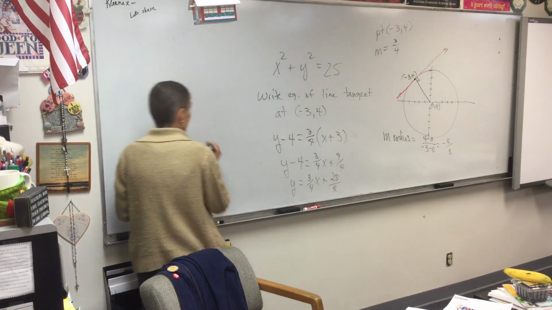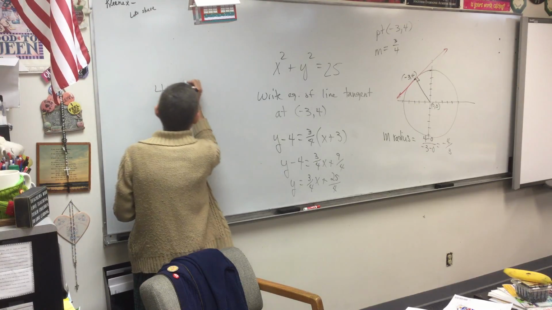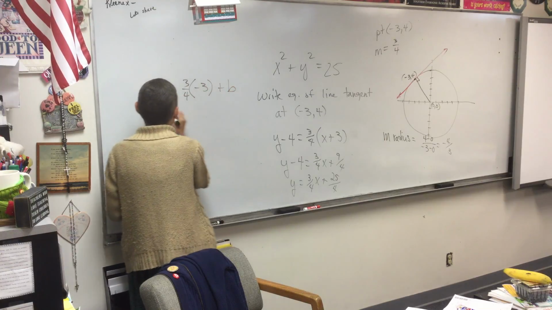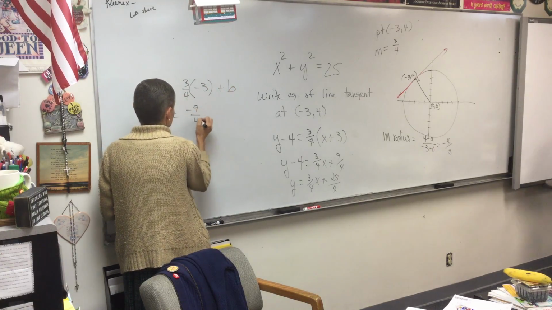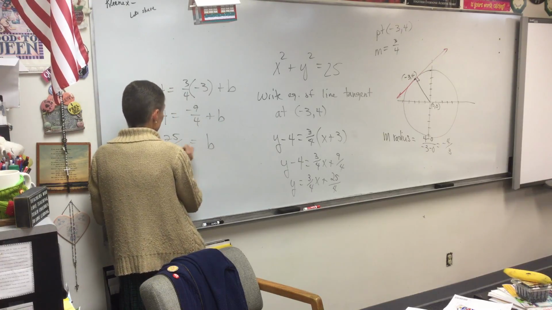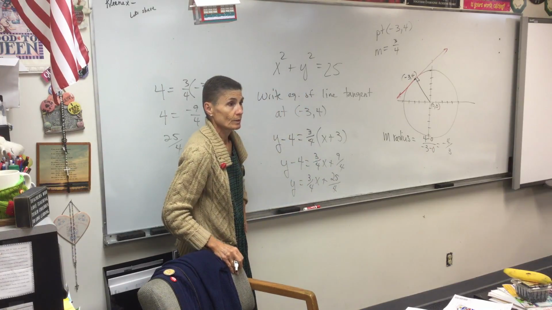Let's do it the other way and see if I get the same answer. y equals mx plus b. So 16/9/25. Yep, so I get the same answer both ways. That's the answer to your problem.